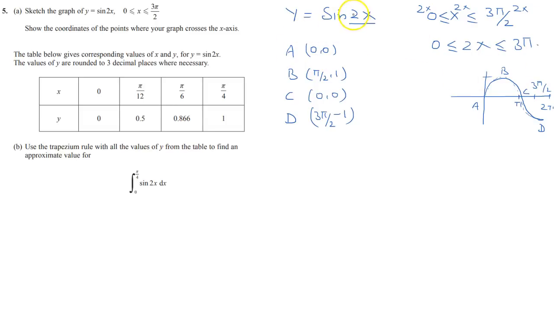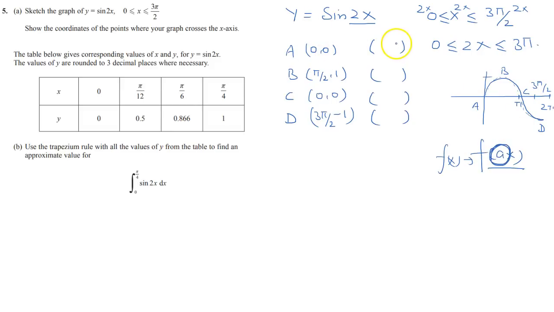for sine x. Now for sine 2x, this is a transformation of type f(ax). Whenever we have this kind of a transformation, I hope you remember, from f(x) to f(ax), the y coordinate remains the same and the x coordinate is divided by this.